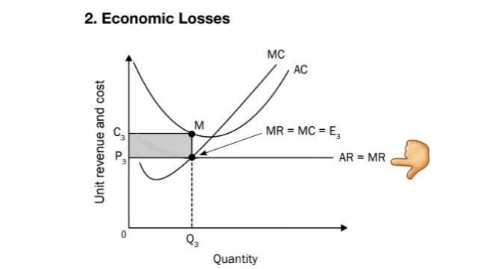But you know that you have a loss because now the C has gone above the P, meaning the cost is above the price. So the moment you have your cost above the P3 line, which is the average revenue that is equal to the marginal revenue graph, that tells you that you are making a loss because basically your cost is higher than your revenue.